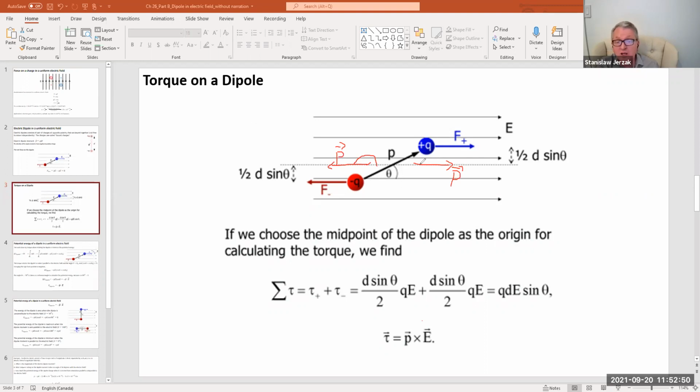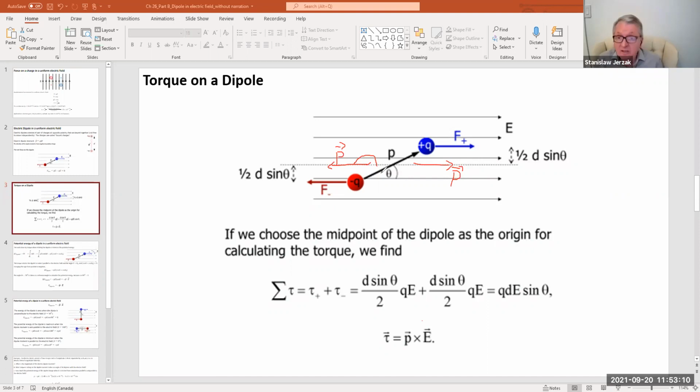So as you see, when the dipole is parallel or anti-parallel to the electric field, the torque is equal to 0. So the dipole will be rotated until it assumes this orientation, parallel or anti-parallel, because then the torque is equal to 0.